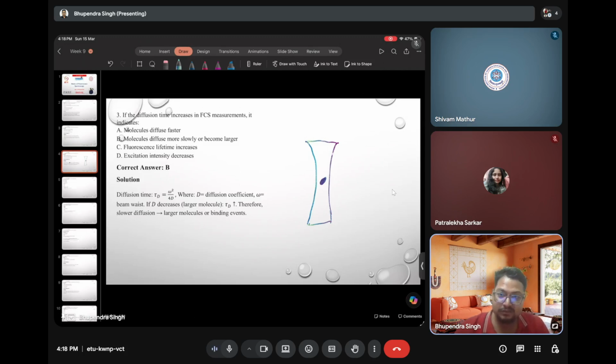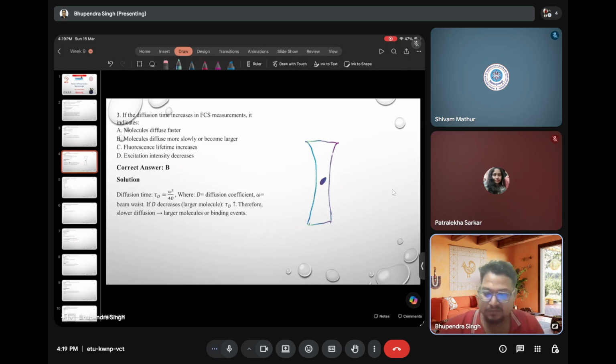So how can it be achieved? If you increase the viscosity of the solution, the molecule will diffuse slowly. Or let's say one sample you have monitored, and after that you have denatured the protein, or increased the temperature, so your protein structure is getting large. It will take more time to diffuse. So diffusion time increases means the molecule diffuses slowly or becomes larger.